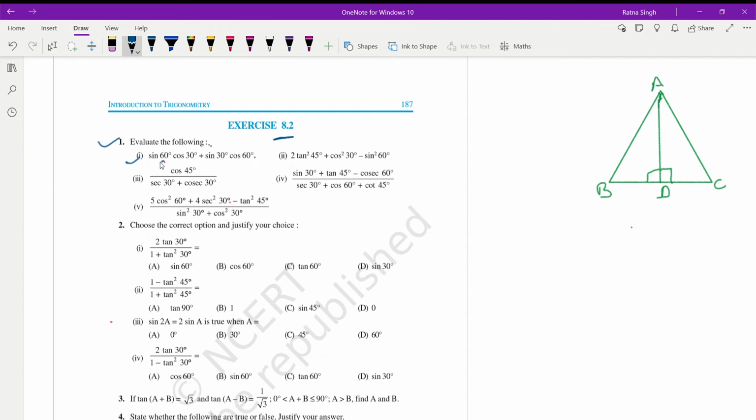So sin 60 degree and 30 degree, we can find the values from the table as well. Sin 60 degree is equal to root 3 by 2 and sin 30 degree is equal to 1 by 2.